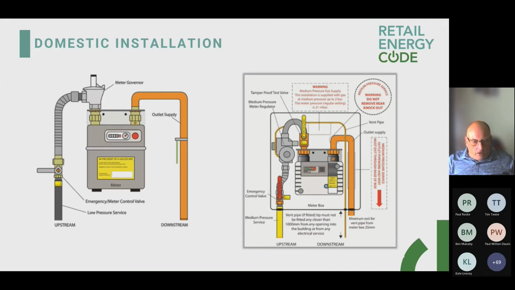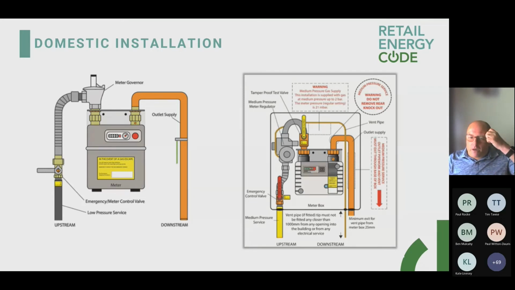The old type that this one is, potentially a G6, was measured by bellows. So as the gas went through, it pumped a set of bellows, and that made the dials tick round. And then the other version, the E6, surprisingly not, is an electronic. The 6 actually stands for the number of cubic meters that it will let pass through. So 6 cubic meters. So that's where the letters and the numbers come from.